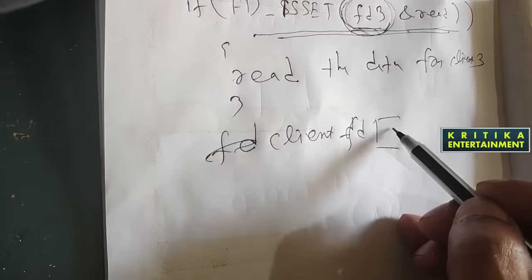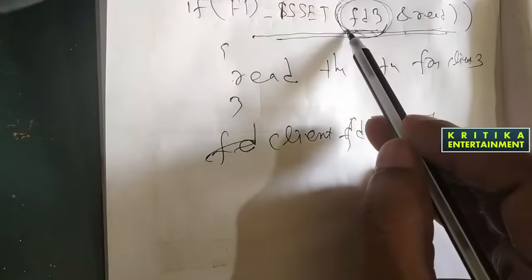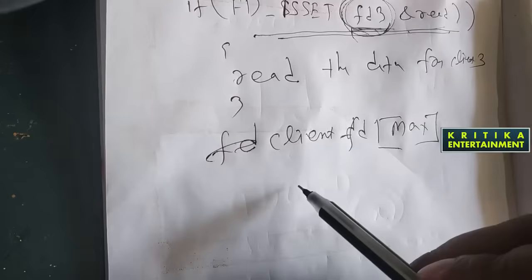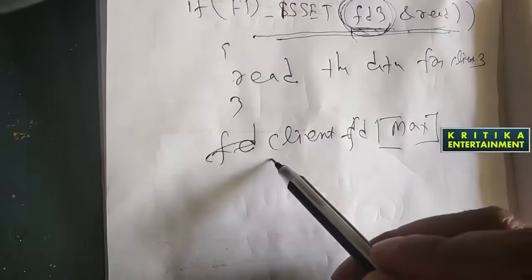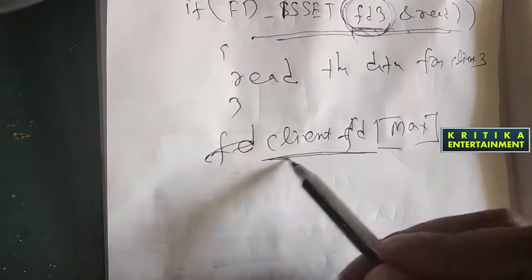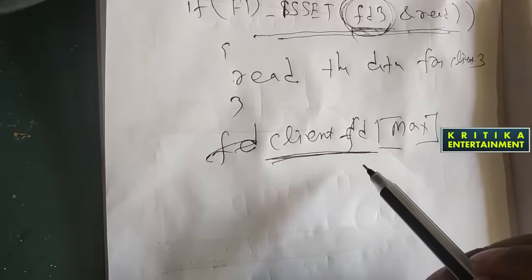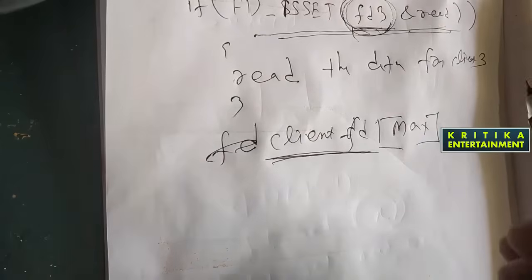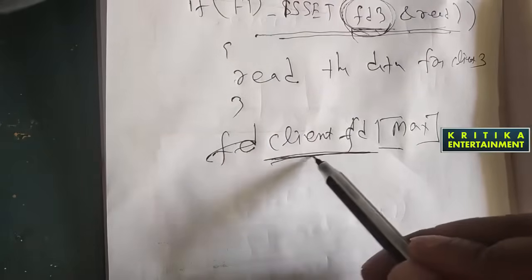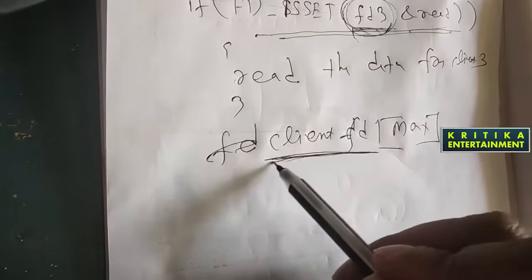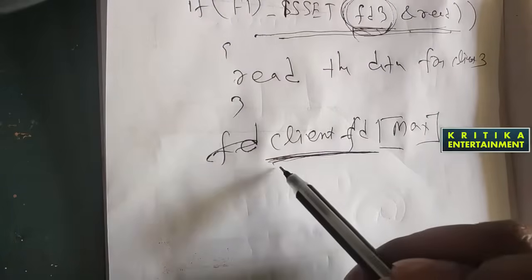Suppose max. If a number of FDs are returned, so in the case of multiple clients with a single server, we need to declare an array of type FD, so that the number of FDs from the server will be stored in the array. So I think you have understood.